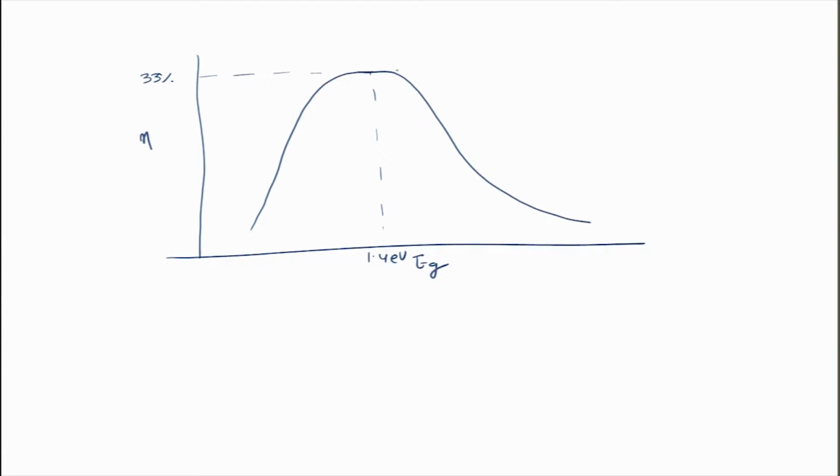So, we have somewhere here about 30, we have gallium arsenide. So, this is thin film gallium arsenide, this is bulk gallium arsenide.